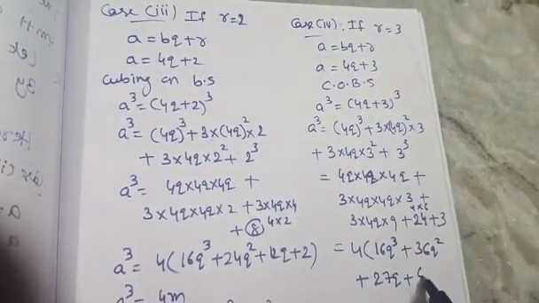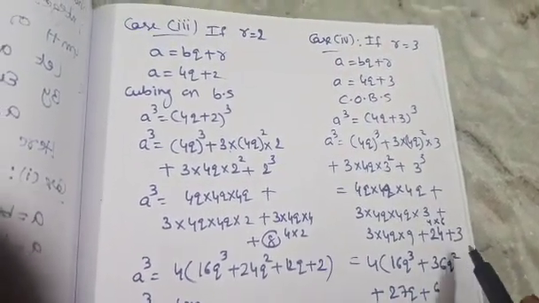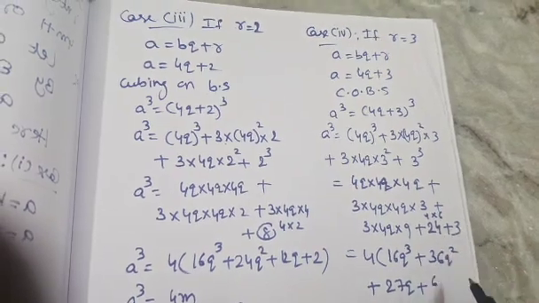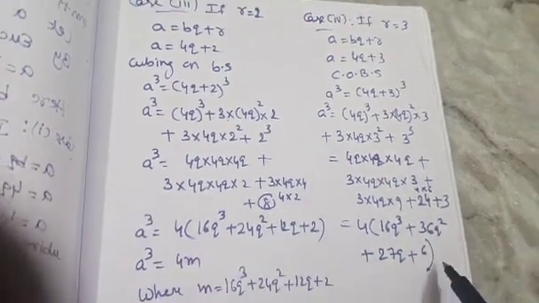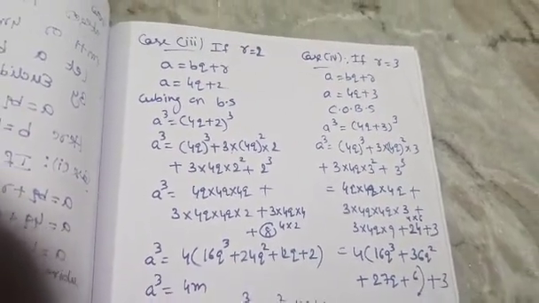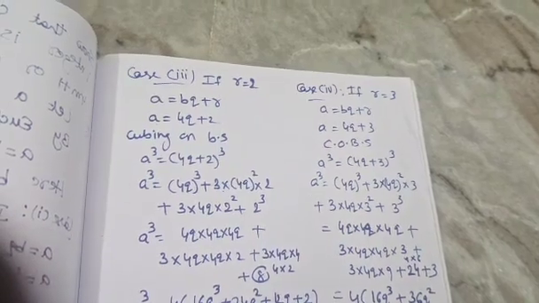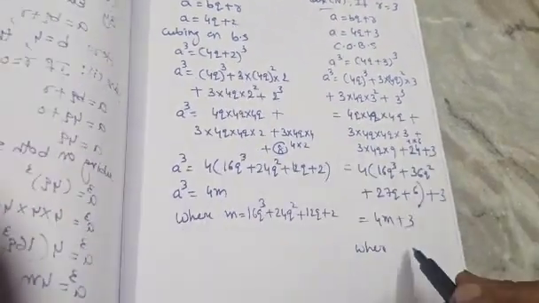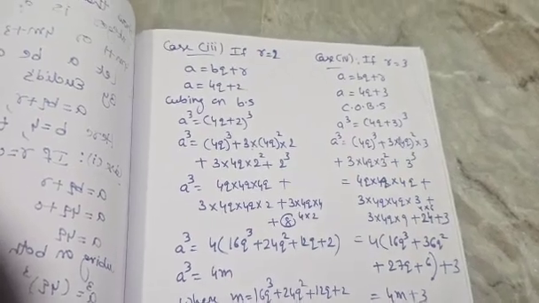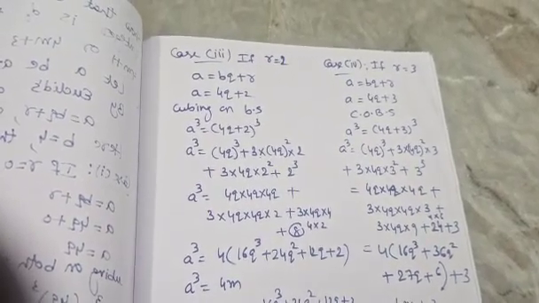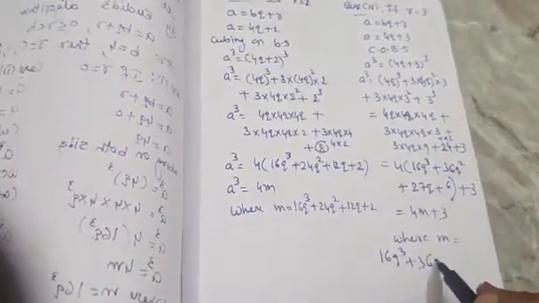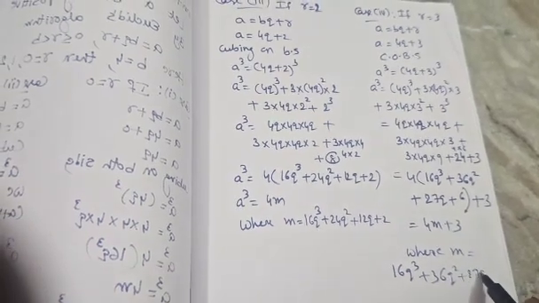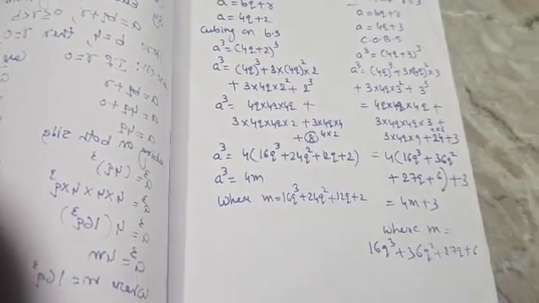If you take 4 common, plus 6. Here plus 3 is there, here 4 won't come common. Close the bracket, and here plus 3 is there. So we can write this one as 4m plus 3, where m equal to 16q cube plus 36q square plus 27q plus 6.